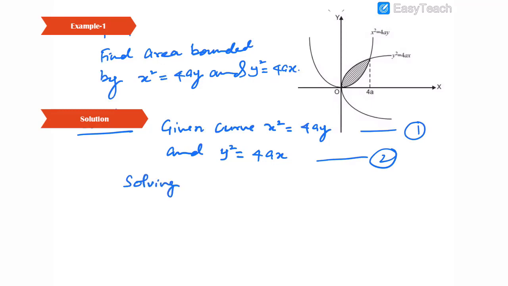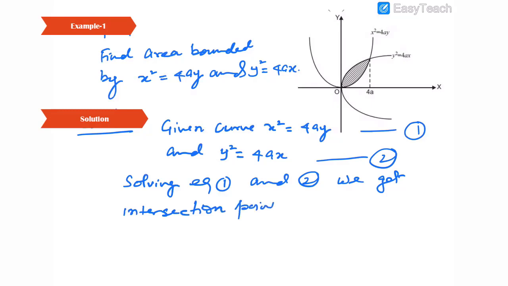Now solving these two equations, we get the point of intersection of these two curves. And the point of intersection is (4a, 4a), which is shown in this graph.